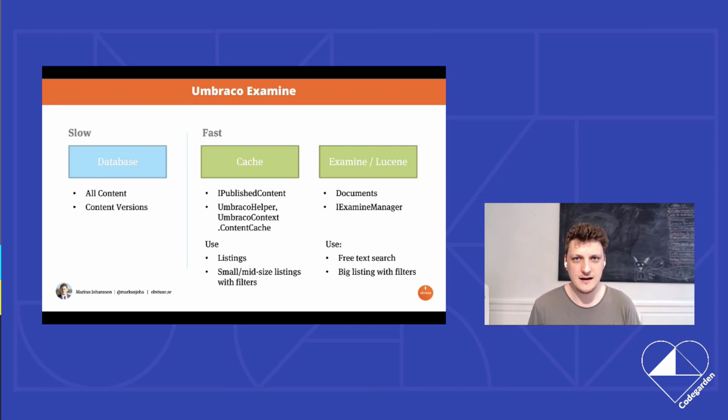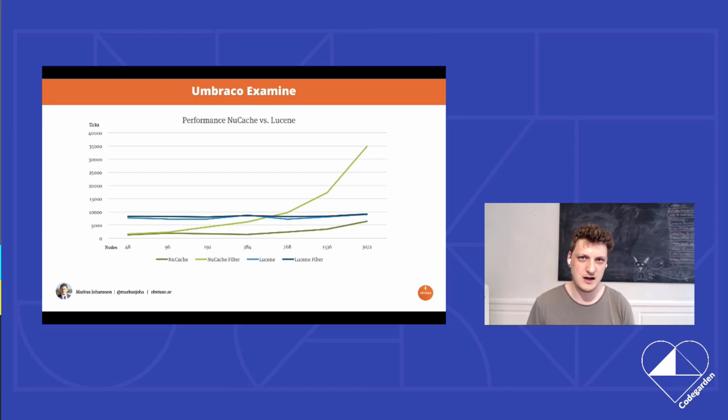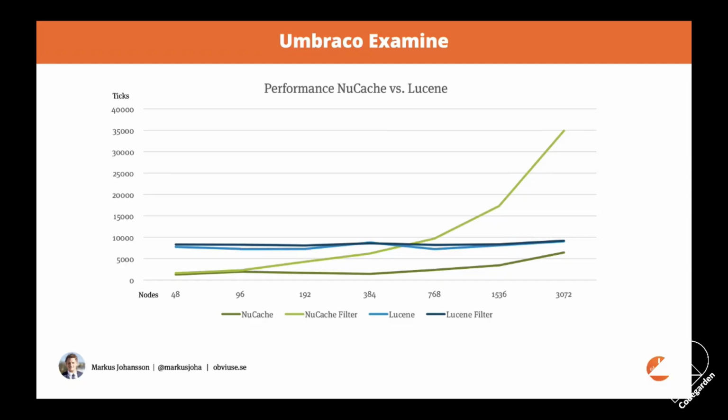So I actually went ahead and tested this. So I started with my own little test to see here. The green is how new cache performs, and the blue ones is how Lucene would perform. So if there's a small amount of items, getting these from the cache and performing the filter is actually fast up until somewhere around 500 items.